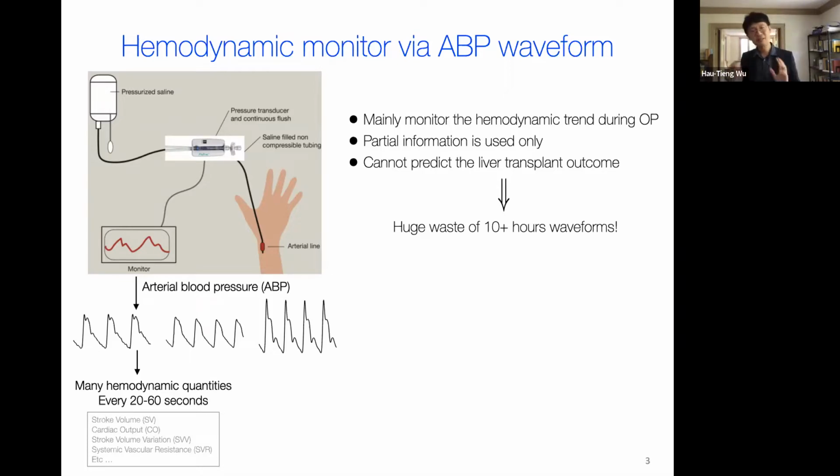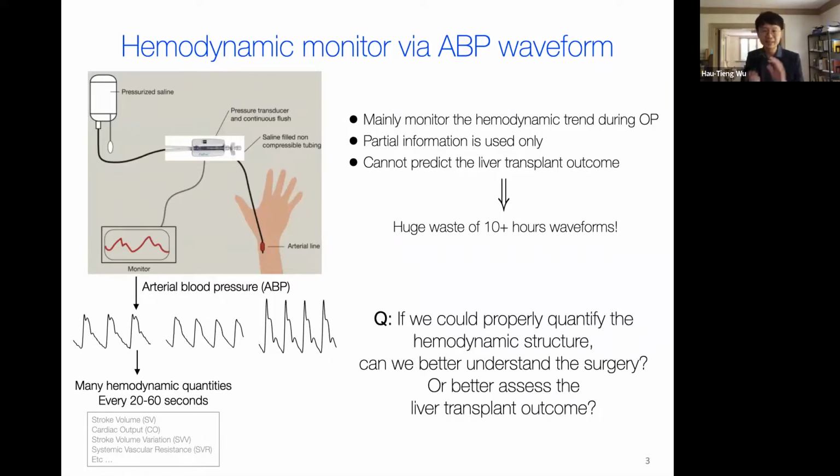So in some sense, it is a huge waste of 10+ hours of waveforms, because in the end you just get some small values. From a data analysis perspective, you can say physicians have done a very severe dimension reduction job and gotten something useful, but there might be more information hidden inside.